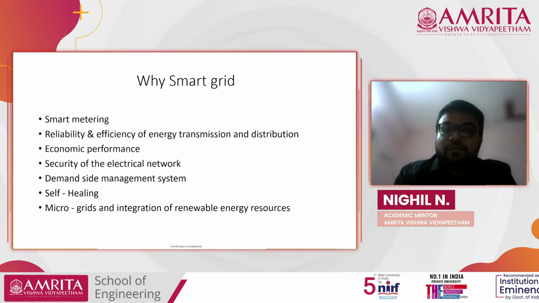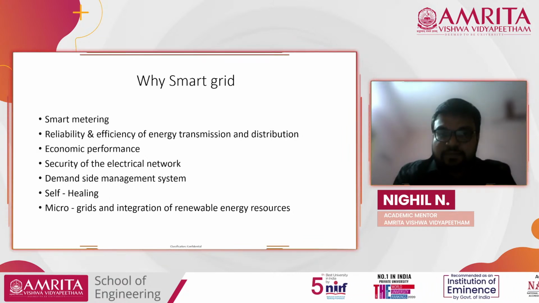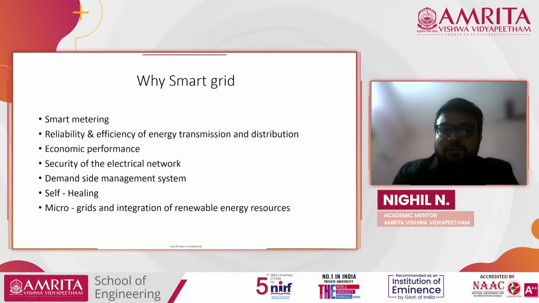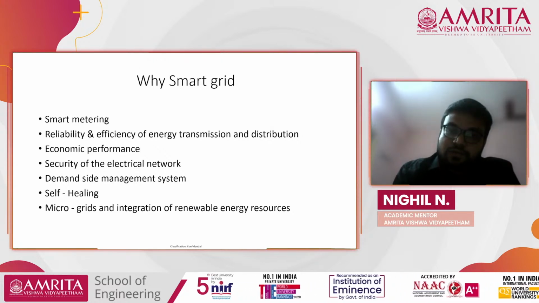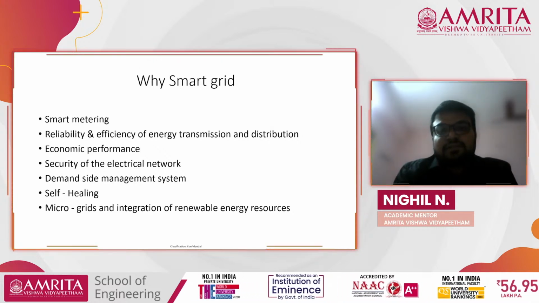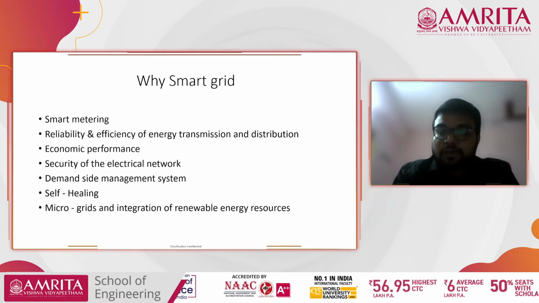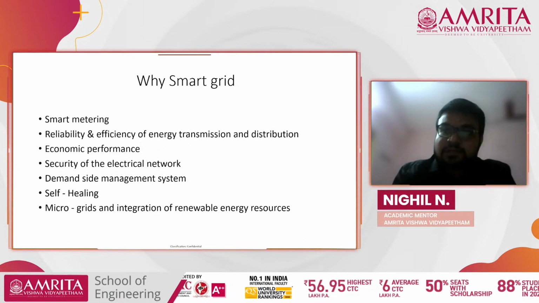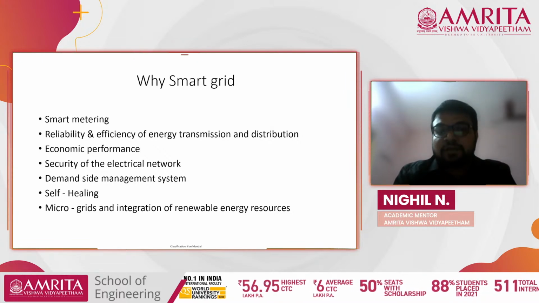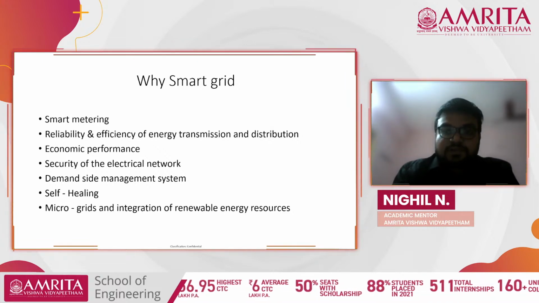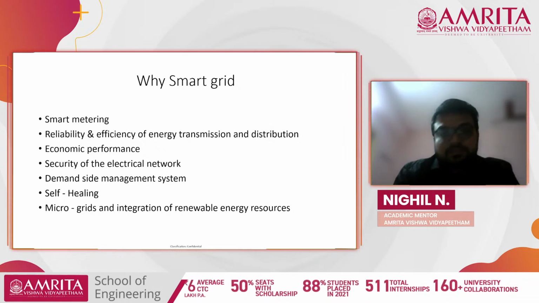So we can improve the efficiency and reliability of the system, and we can reduce the cost. Since we are spending more money on electricity nowadays, with a smarter system we can obviously reduce the prices. That's why we are going for the smart grid system.